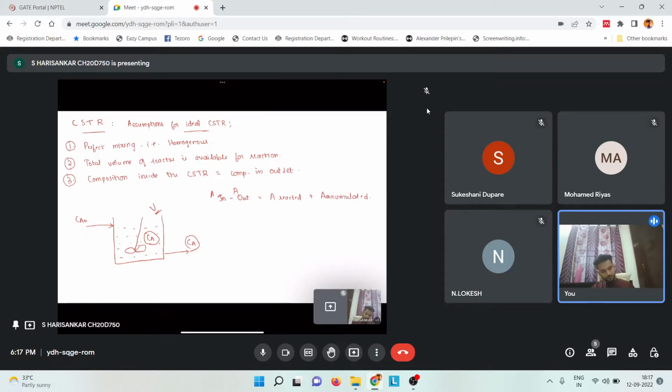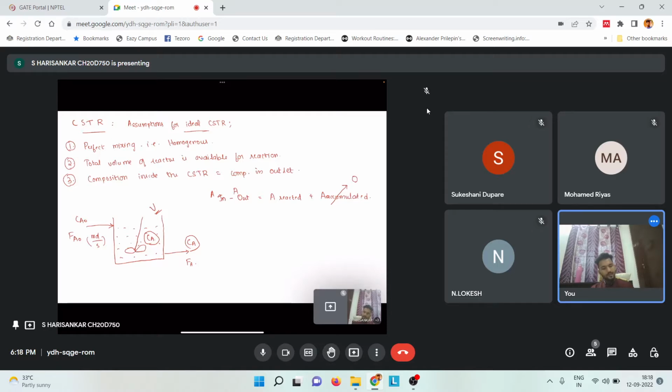Let's say Fa0 is the initial molar flow, in mole per second or mole per hour and so on, and Fa is the final molar flow of A. The assumption for continuous reactors is that there is no accumulation inside the reactor. So this A accumulated will be 0.